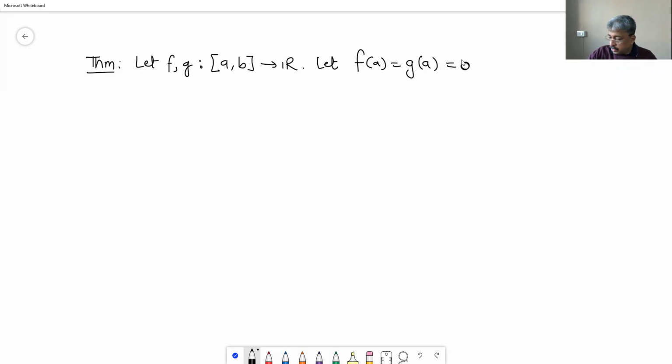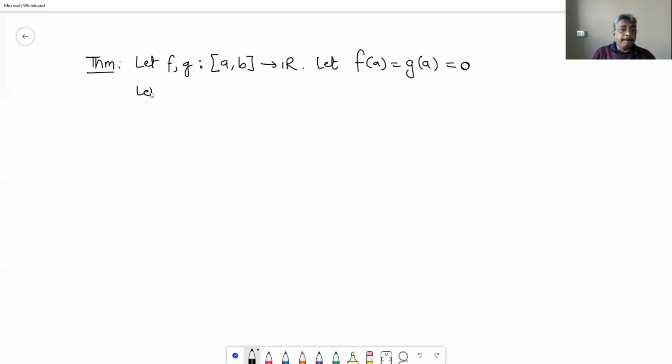First we will do the 0 upon 0 type of L'Hopital. We understand the nitty-gritties of the proof, then we will also write a proof for infinity upon infinity, and we will say that similarly different proofs also can be read.